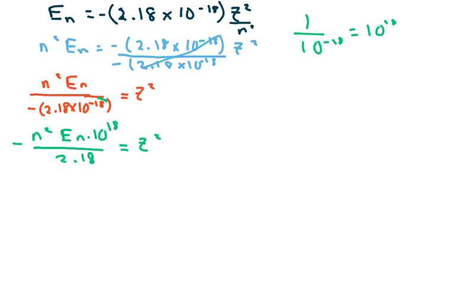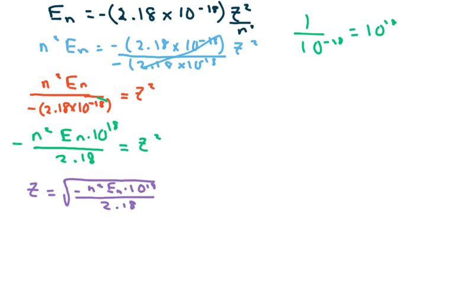Now, to get z, you square root both sides. So z equals the square root of negative n squared e sub n times 10 to the 18th over 2.18.